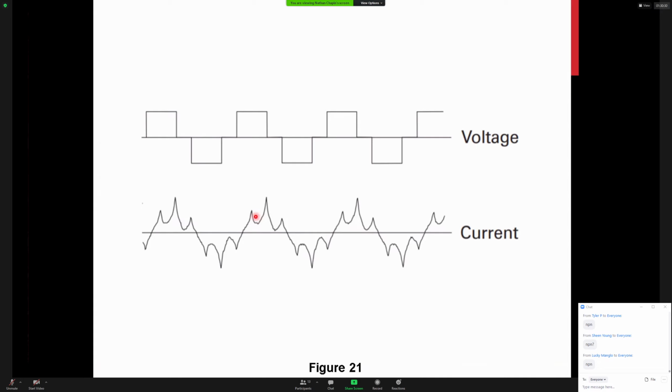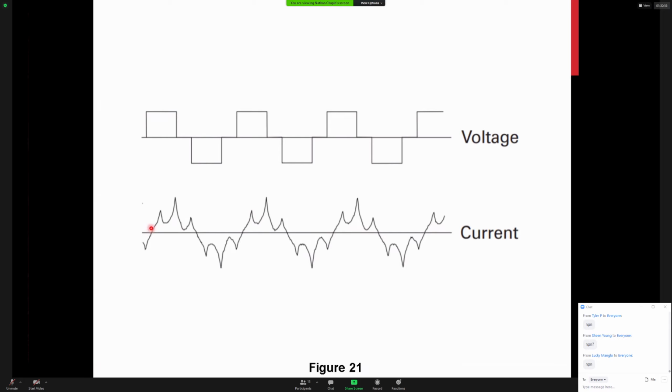This type of current, we would refer to that as a non-sinusoidal current waveform, meaning that it doesn't look like a sine wave. And in order for a motor to create the torque that it's intended or rated for, to do the work that it's designed for, it needs to draw the current in such a fashion that it's most like a sine wave.